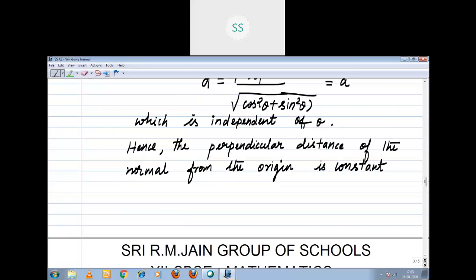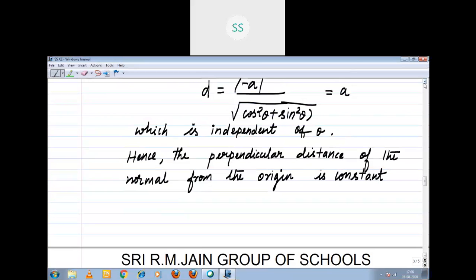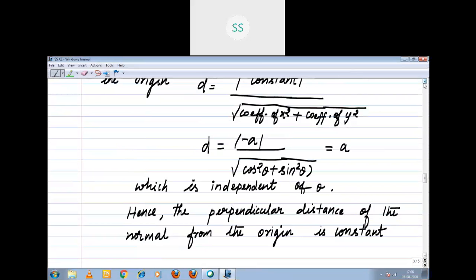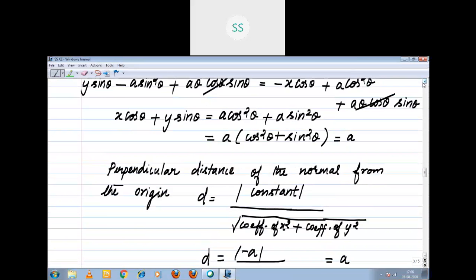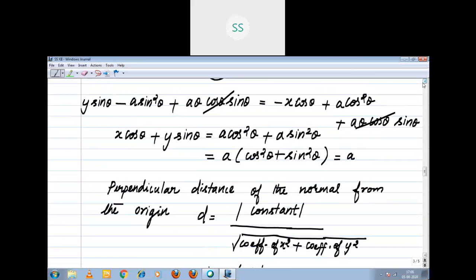The distance formula alone you have to recall. d is equal to modulus of constant divided by root of coefficient of x square plus coefficient of y square. I make this into an equation, x cos theta plus y sin theta minus a equals 0. That is why the constant acts as negative. See here.